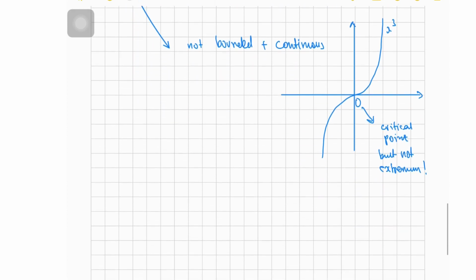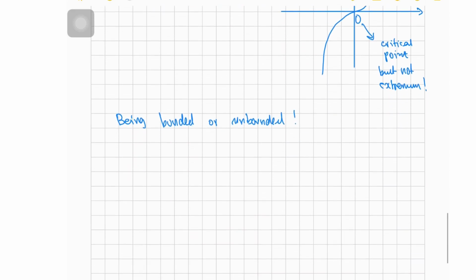I will just come back to what I mentioned about being bounded or unbounded, because we have to be very precise when we use mathematical language.